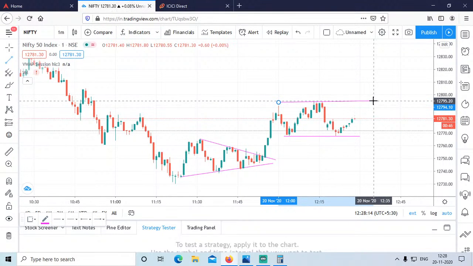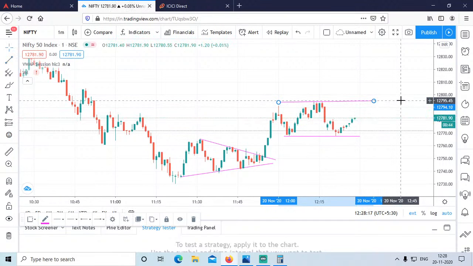Maybe this is the breakout level, it may happen. In the morning, from this level it crashed.